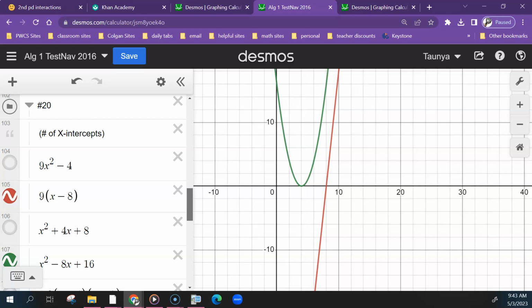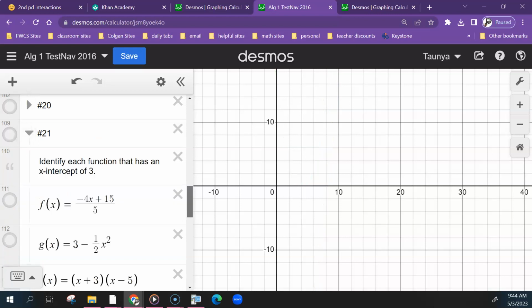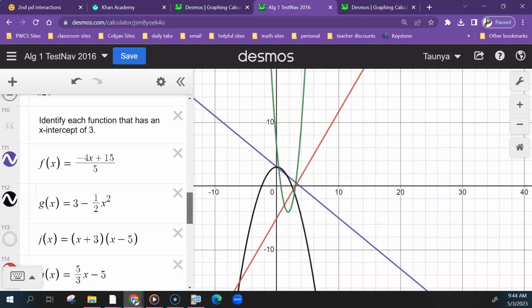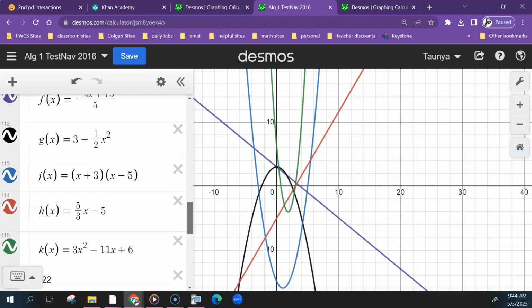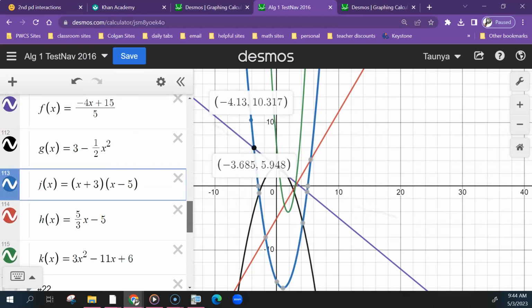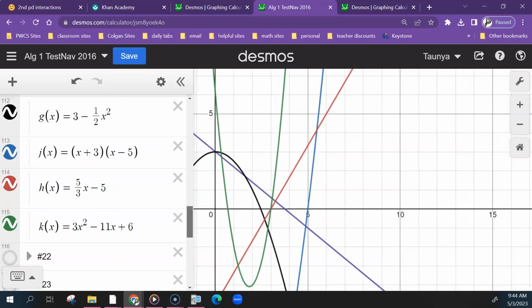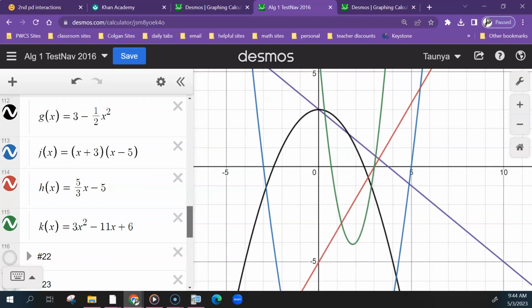21 is similar, except it only wants the ones that have an x-intercept of 3. So the ones at 3 are green and red, nothing else.